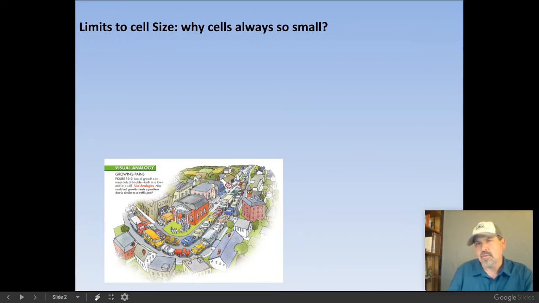And we know from the work we did last week that it's really about that relationship between surface area and volume. Again, just to recap, as a cell gets bigger, the volume, or how much space the cell occupies, grows faster than the surface area.